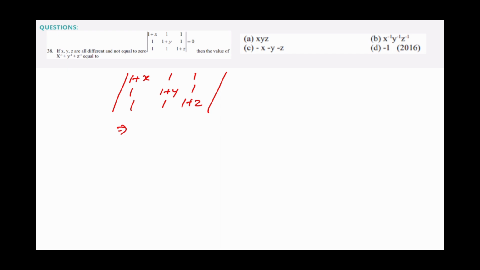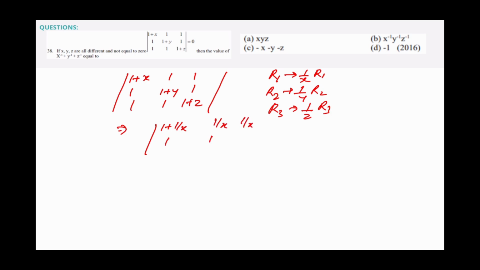We'll show you the ways. Let's say take x common from the first row. I'm doing r1 equal to 1 by x r1, r2 equal to 1 by y r2, and r3 equal to 1 by z r3. Correct. So what I'll get is 1 plus 1 by x, 1 by x, 1 by x. Same thing here, 1 plus 1 by y, and 1 plus 1 by z. Correct.